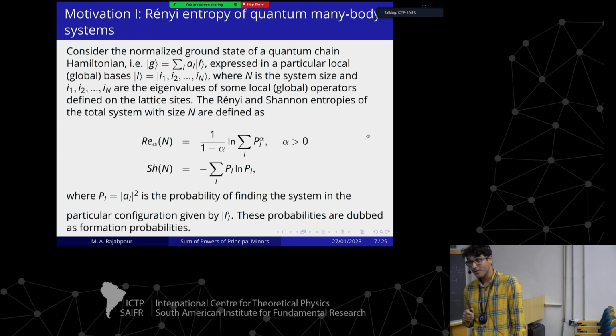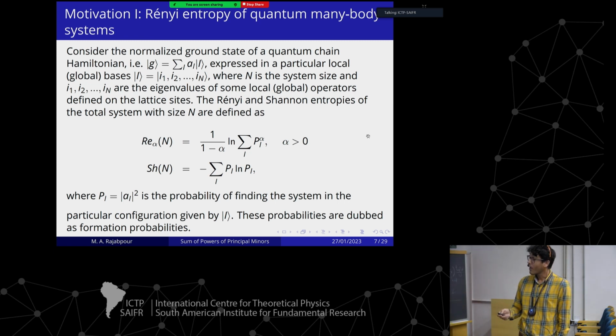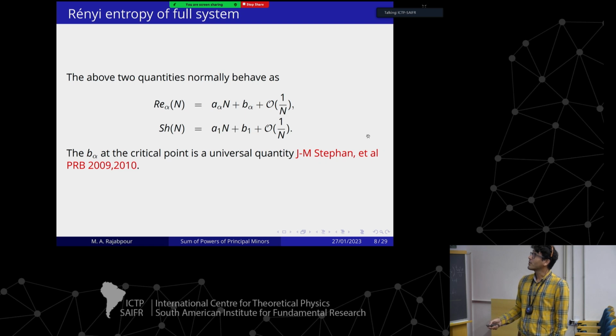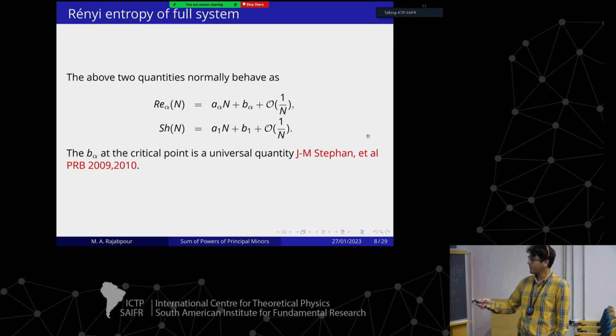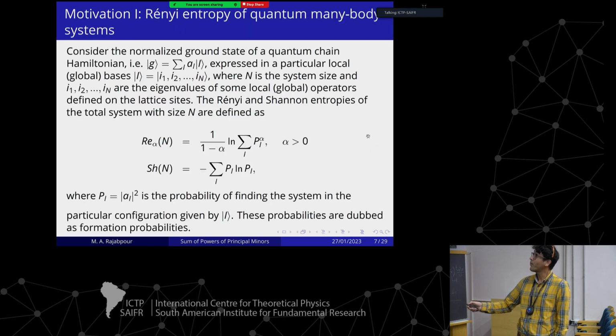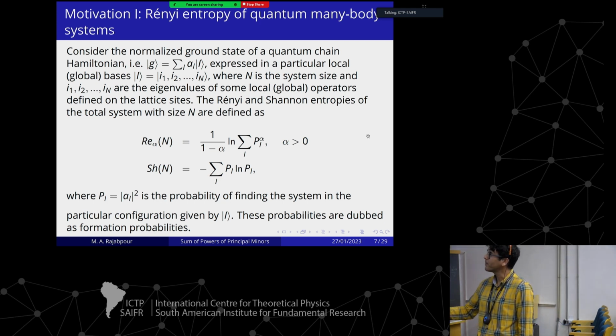But this one normally just depends on the size of the system. So we have both: this is the Rényi and this is the Shannon. In my words, the von Neumann entropy is just the minimization of the Shannon entropy over all the bases.